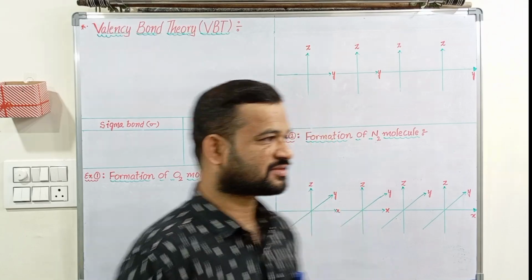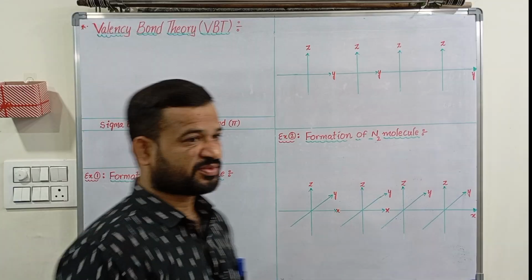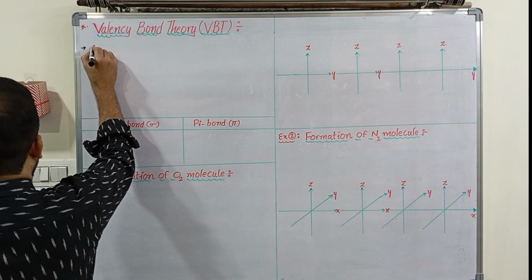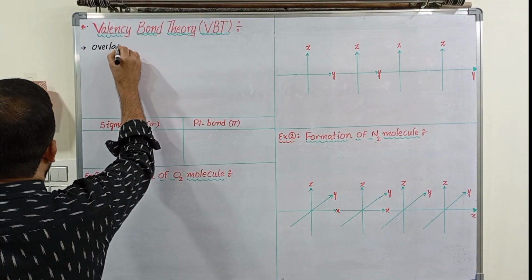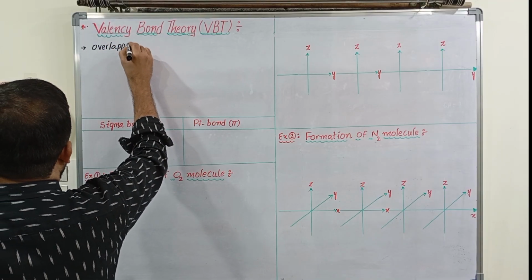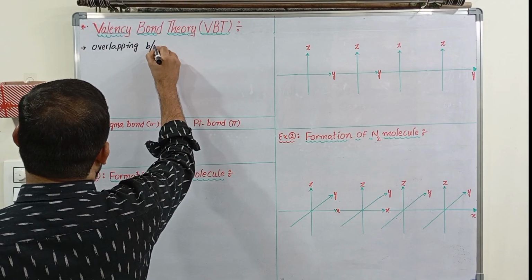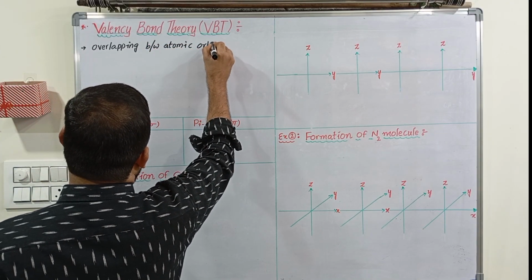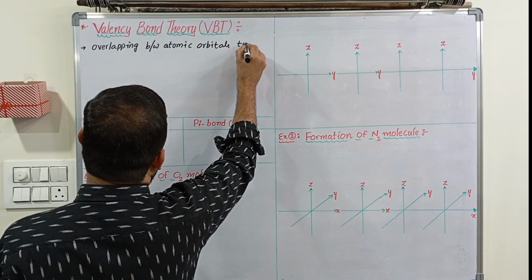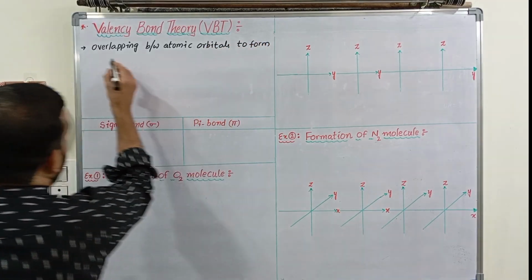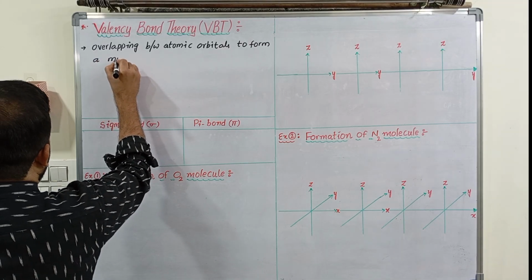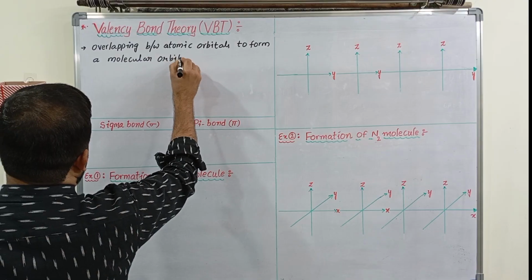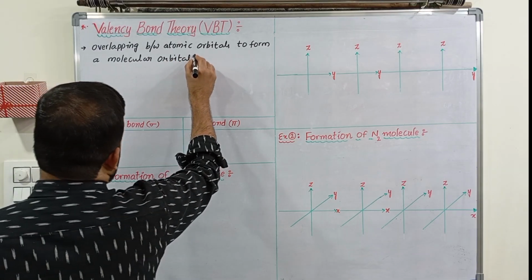So in this class we will discuss valency bond theory, VBT. Very important. It explains about overlapping between atomic orbitals to form a molecular orbital or molecular orbitals.